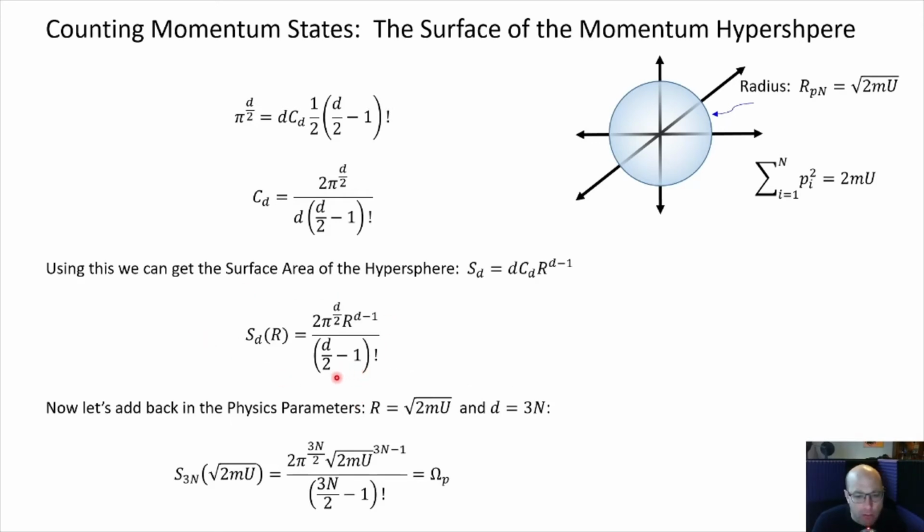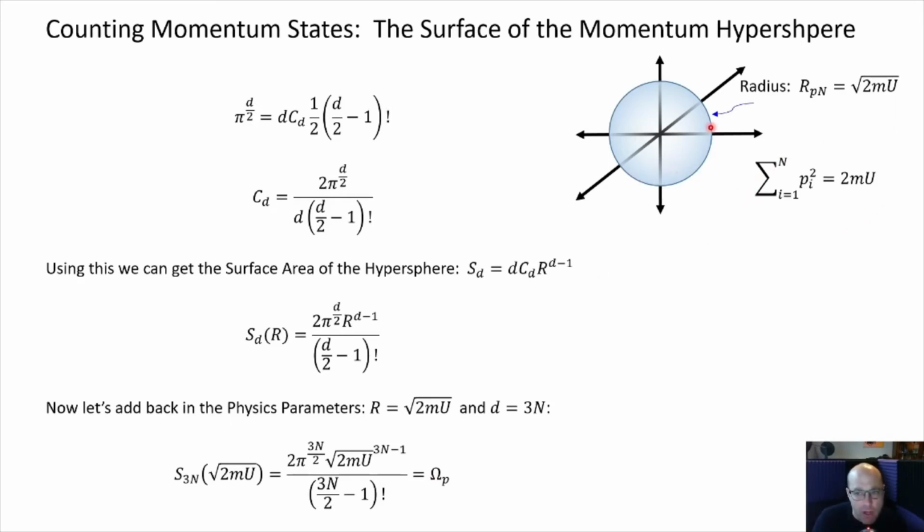And so to put physics into it, we remember that capital R is the square root of 2mu, and the dimension is 3 times n. So you can substitute that in, and this is exactly the number of available momentum states consistent with the macroscopic energy constraint, right?